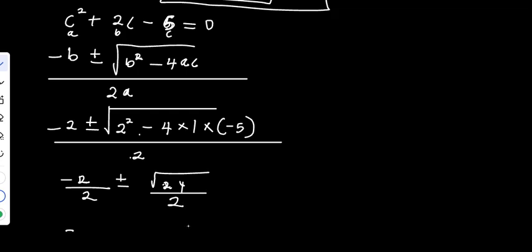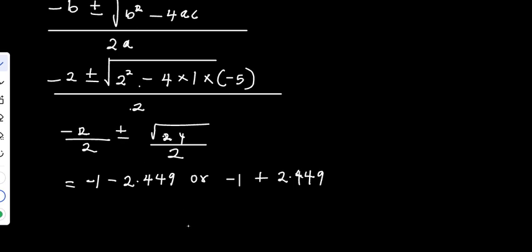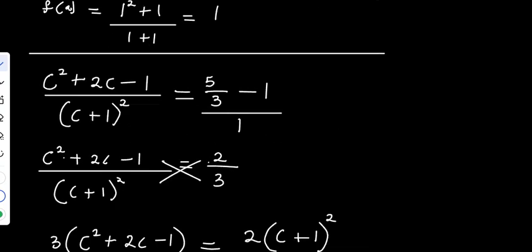So we have minus 1 minus 2.449, or we are going to have minus 1 plus 2.449. So we have two values of c right now. So we have to pick which one satisfies our interval.